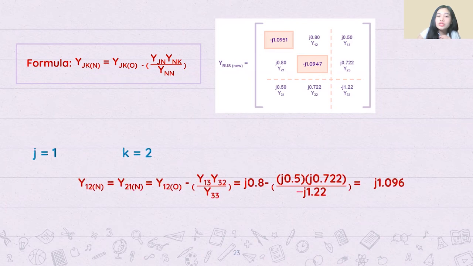Substituting our values, j 0.8 minus j 0.5 times j 0.5 all over negative j 1.22 arrives at an answer of j 1.0049. And our y sub 1,2 and y sub 2,1 are equivalent to j 1.0049.